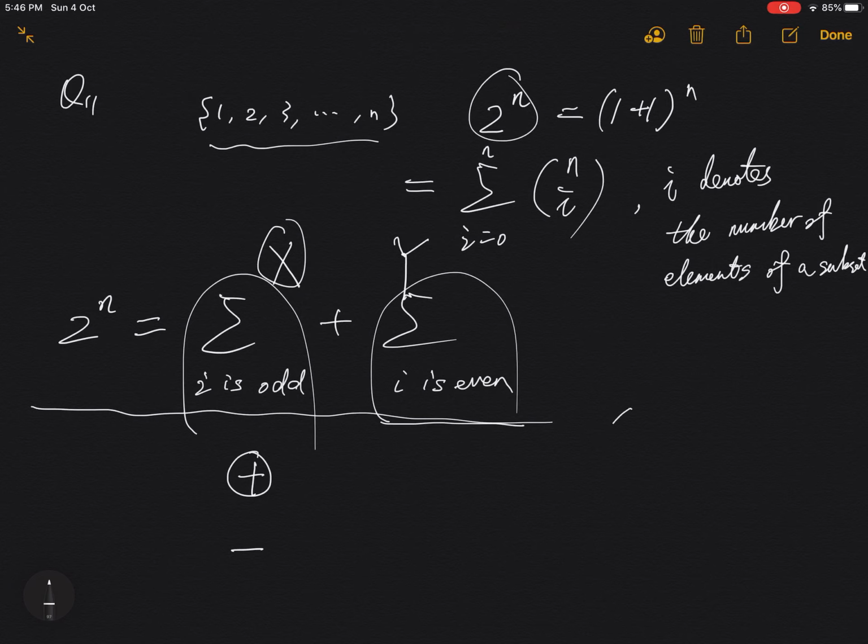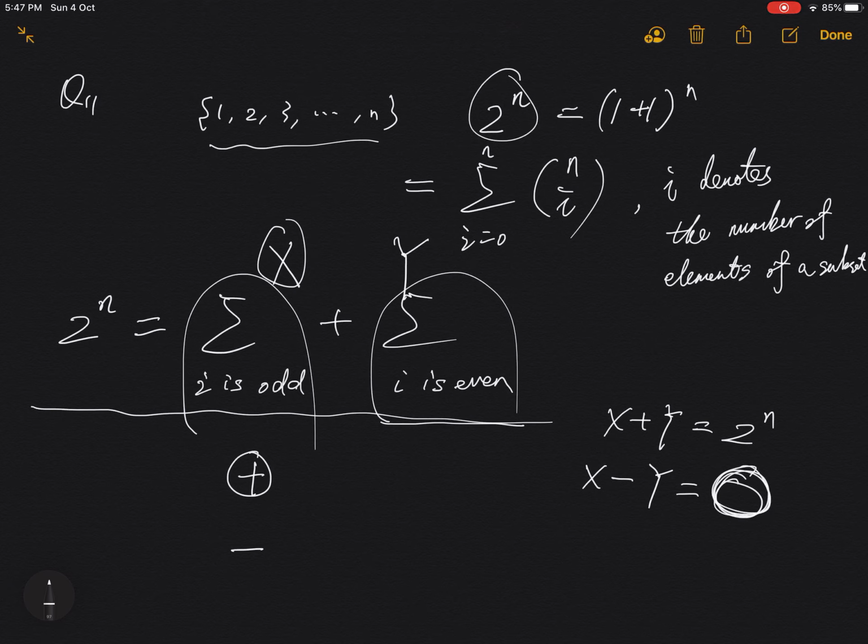So we have x plus y equals 2 to the power of n. What if we have x minus y equals a constant? We don't know.